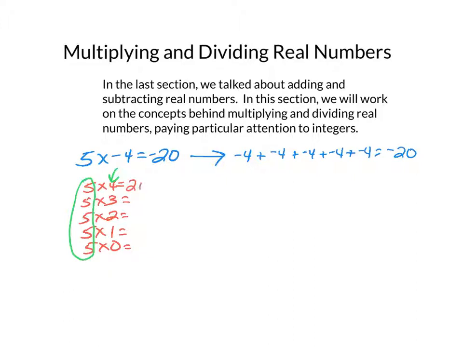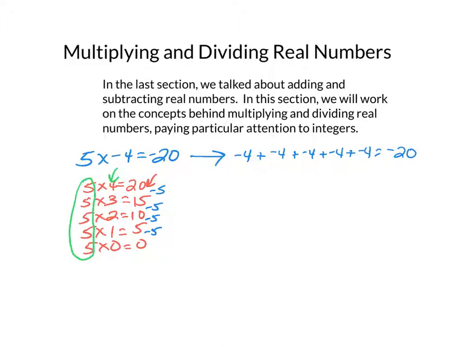So when I do that, I get answers 20, 15, 10, 5, and 0. The answers, every time, I am subtracting 5 because I am reducing one of the numbers I am multiplying, that second number.